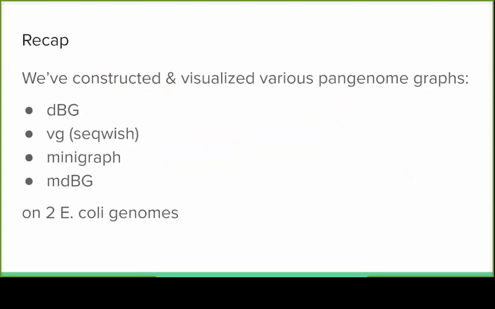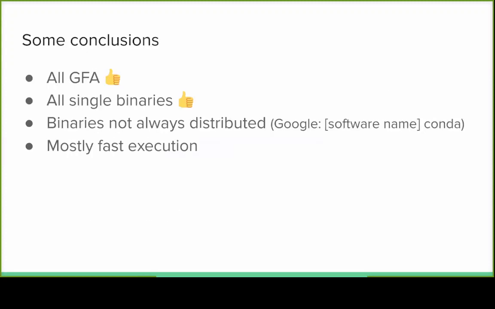So today, in this hour and a half, we've constructed and visualized a good amount of pangenome graphs with MDBG, Seqwish, Minigraph, and VG on two E. coli genomes. My conclusion is that it's all GFA, which really simplifies visualization a lot, using Bandage.